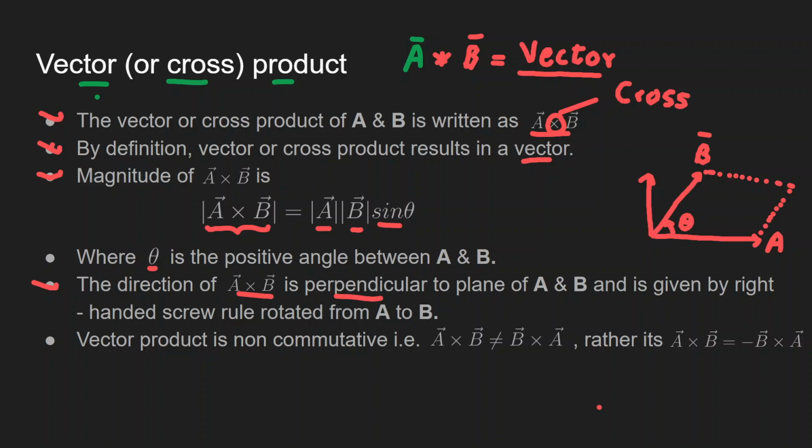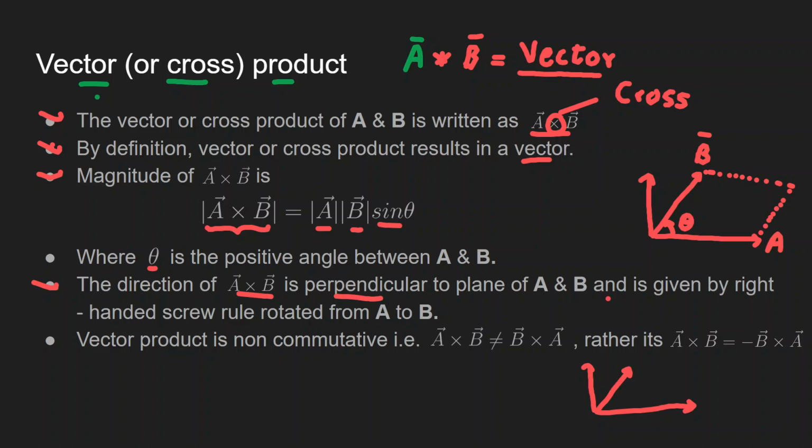If this is one edge of the book and this is another edge of the book, and you place a pen on the surface of the book, you will find that the pen is pointing in the direction of A cross B.